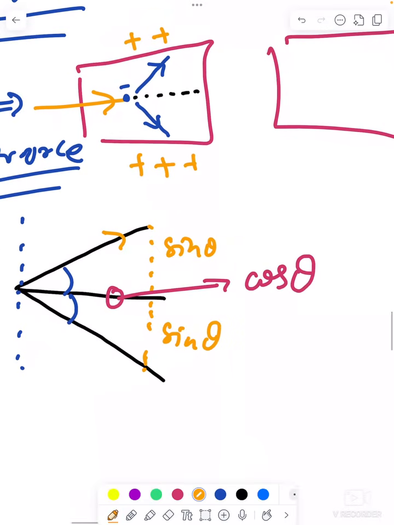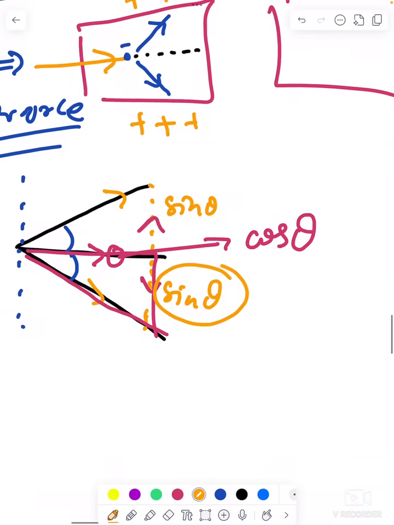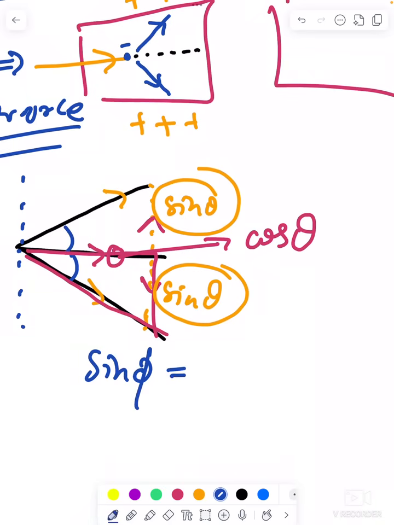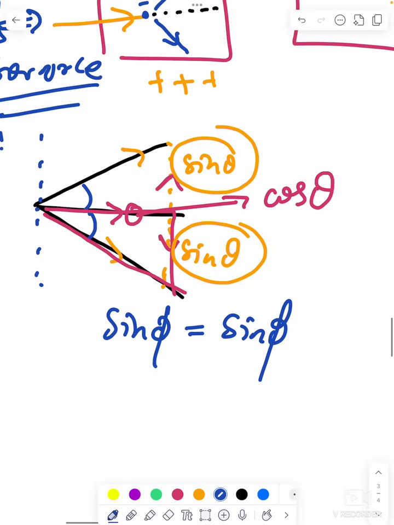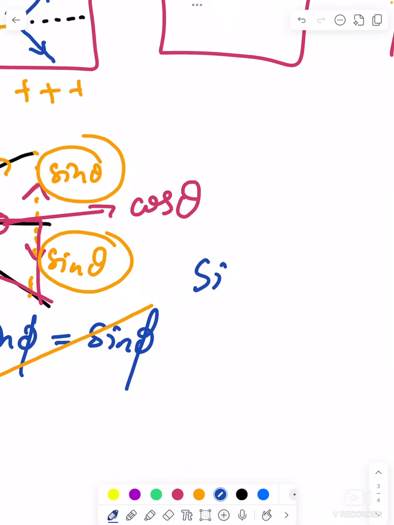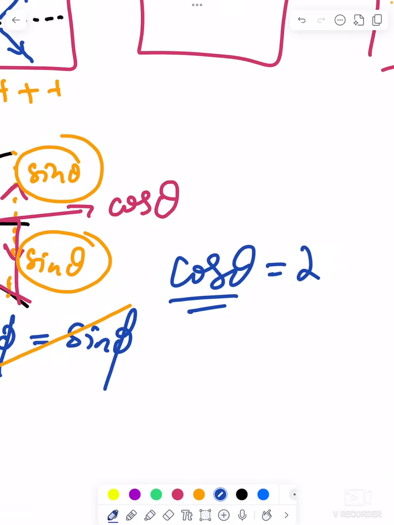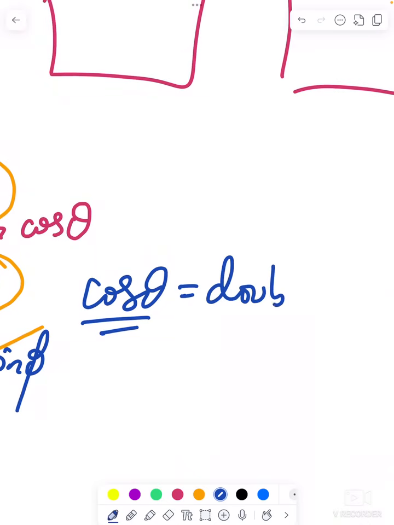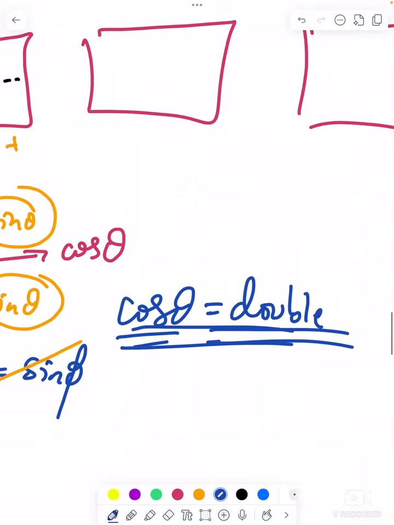Now when we look at their arrows, for the resultant, this is for the down one and this is for the top one. We can see that the vertical sine theta for the upper one and vertical sine theta for the bottom one cancel each other, and we are left with cos theta. So it's doubled. So what happens? It accelerates.